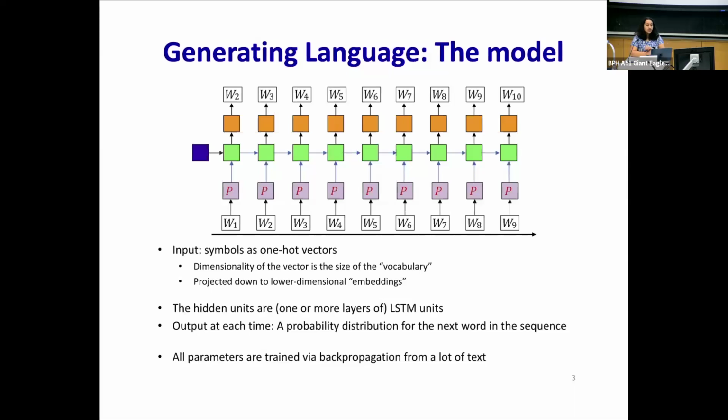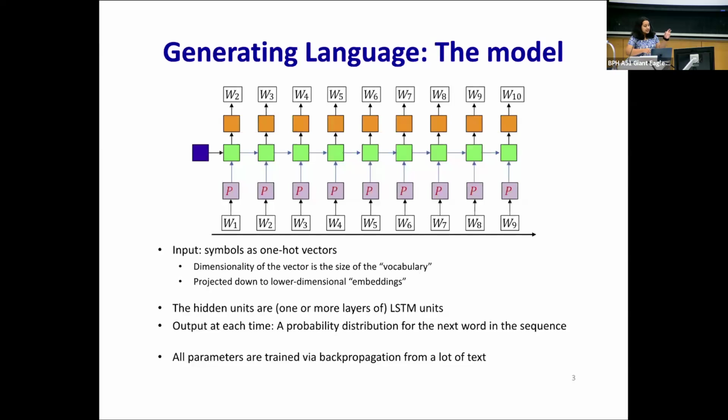Basically, the model in general looks like this. You pass in words as one hot vectors, but with one hot vectors there's a lot of sparsity in the data, so you would want to do dimensionality reduction. For that, there's a projection layer, with P written on it, which projects down to a lower dimension and produces embeddings, which are then passed to the language model.